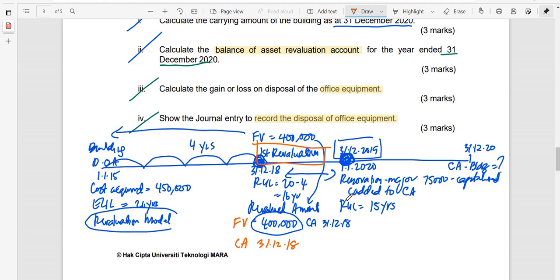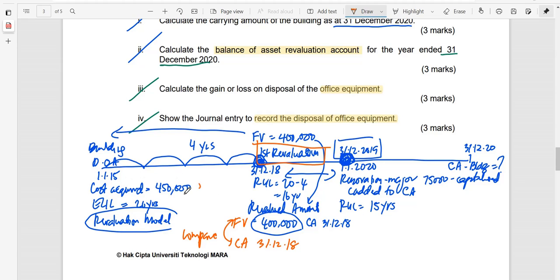So you need to compare that, and you will have to check whether there is a surplus or deficit by comparing this. So to do that, you need to go and find out what is the accumulated depreciation of the asset before the revaluation took place. So we need to go and find what is the cost.